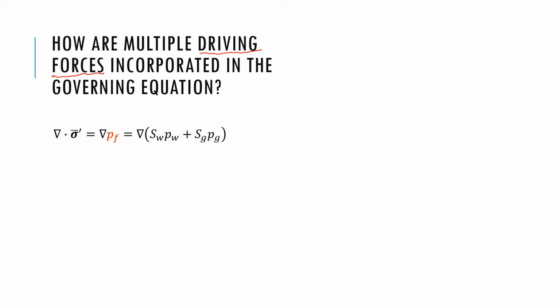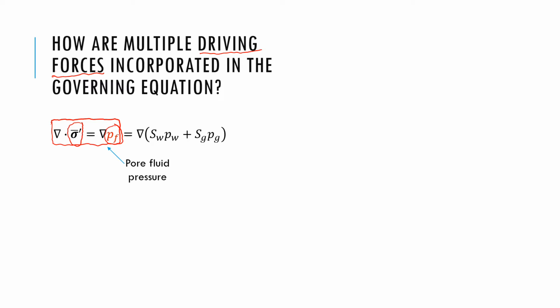To start with, we see that this is the equation of equilibrium that we had derived, and the pore fluid pressure. So this simply says that the average stress in the solid is related to the pore fluid pressure.